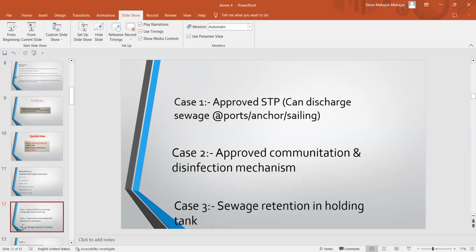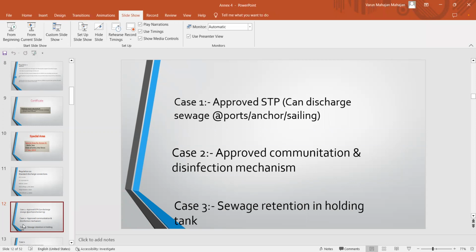If there is no local regulation, then you can discharge through your STP, which should be approved by the administration, anywhere, irrespective of whether you are in port or at anchor. It doesn't matter, but there should not be any local regulation. Only that is the criterion when you have an approved STP.